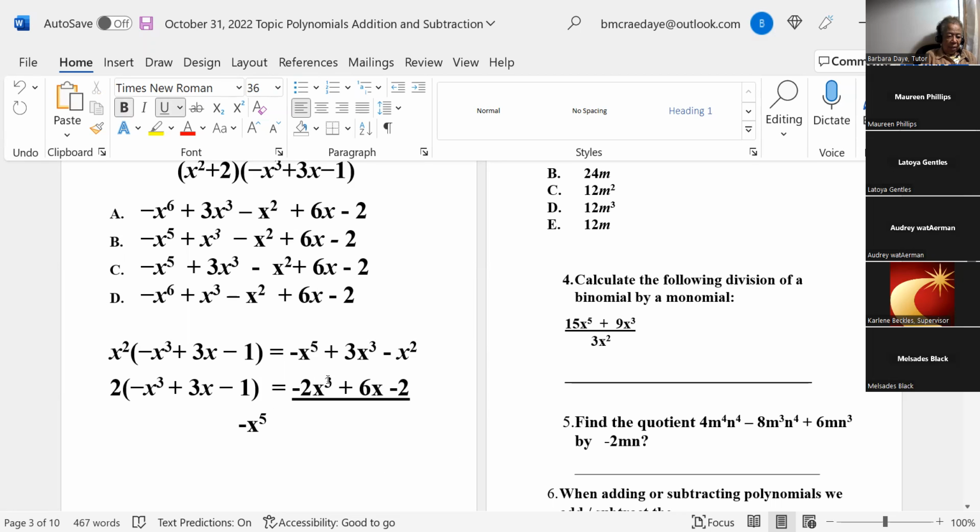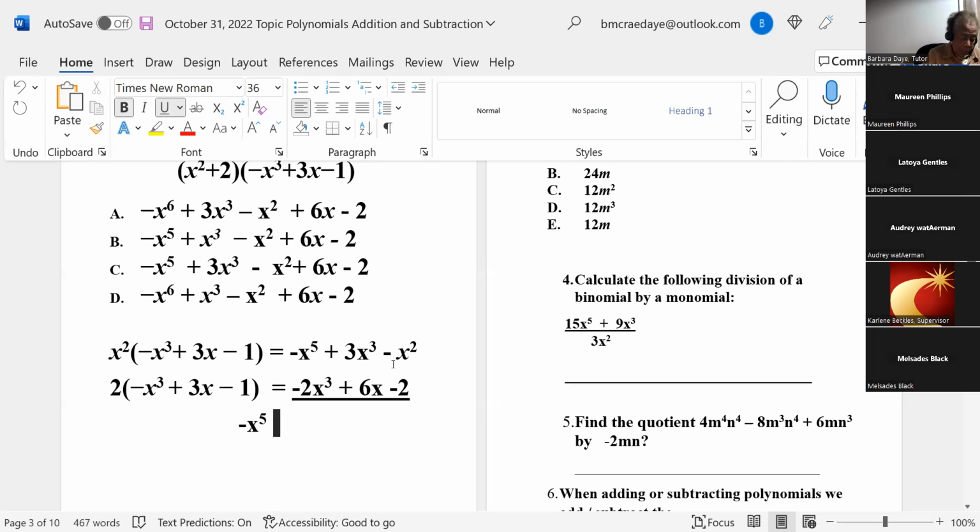These are alike, right? Same power, same base. So a 3x to the third and a minus 2x to the third. What does that give you? A plus 3 and a minus 2 is what, Audrey? Unlike signs, you subtract. What would be your answer? Yes, it would be a 1.